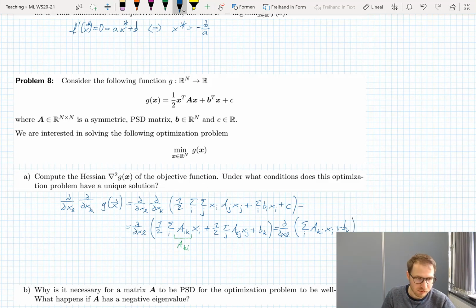And now the derivative is quite easy. We basically do the same as previously, and we just say, okay, this is a k l, and it's symmetric, so that's the same as a l k.